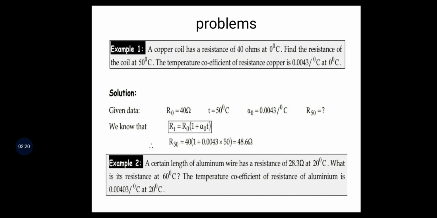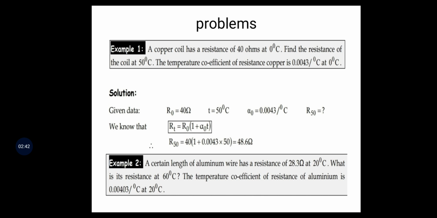They gave the alpha naught value 0.0043 into T, temperature 50 degree centigrade. Then we calculate, the value is 48.6 ohms.